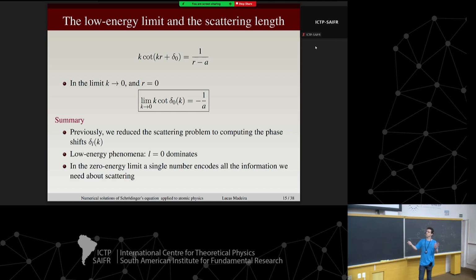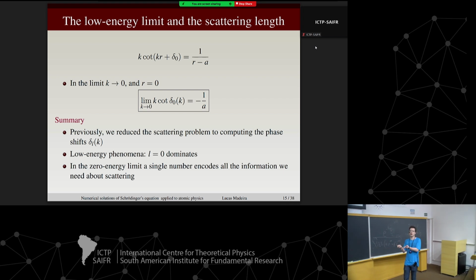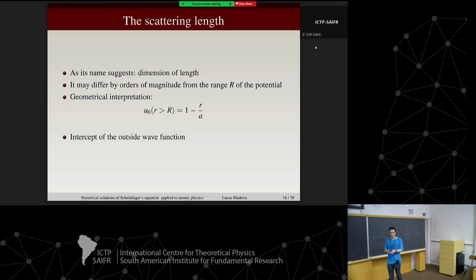So what we've done so far: we reduced the whole scattering problem to computing phase shifts. Then we argued that for low energy phenomena, just L equals 0, the S wave, dominates. And now we are saying that in this very special limit, a single number has all the information we need about scattering.